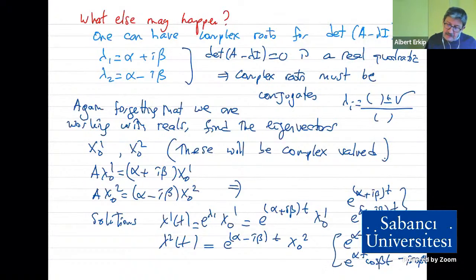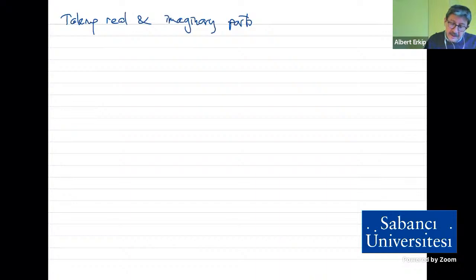Now, if you have one solution like this and one like that, what you really try to do is take the real parts. If you write it down, you'll see how to manipulate, taking real and imaginary parts of these solutions.